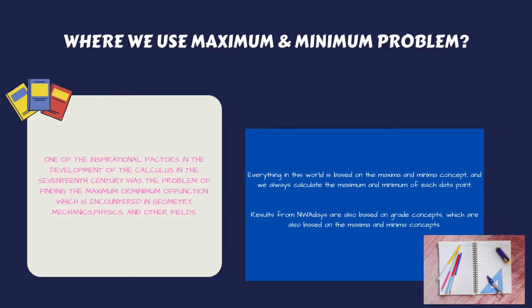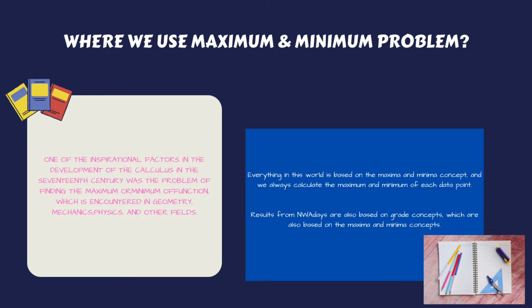One of the inspirational factors in the development of calculus in the 17th century was the problem of finding the maximum or minimum of a function, which is encountered in geometry, mechanics, physics and other fields.